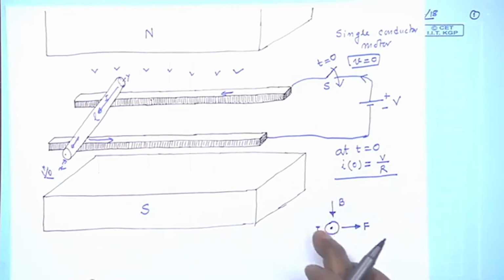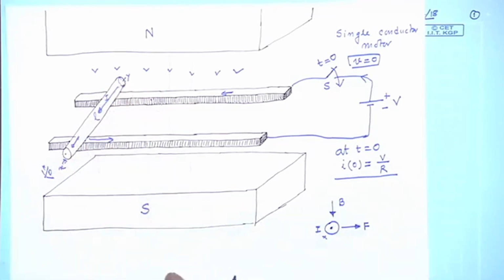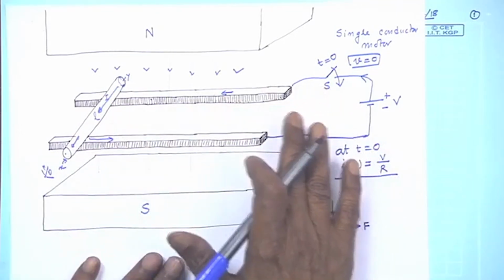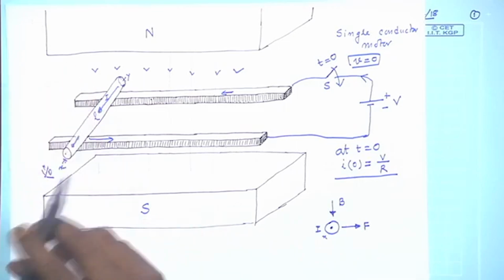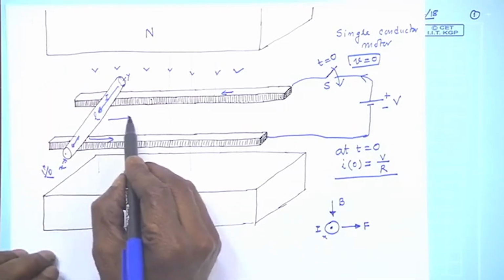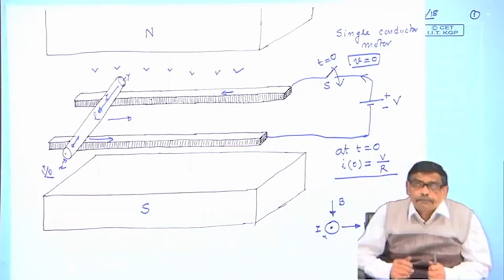Now, the moment it experiences a force, it has got a mass, therefore, it is supposed to accelerate, and let us assume there is no friction, no opposing force present in this system. So, in the absence of this opposing force, this conductor will start moving. The question is whether the velocity will remain the same.